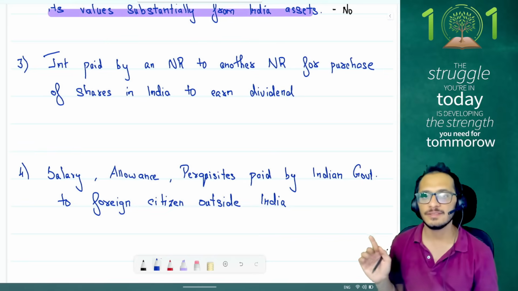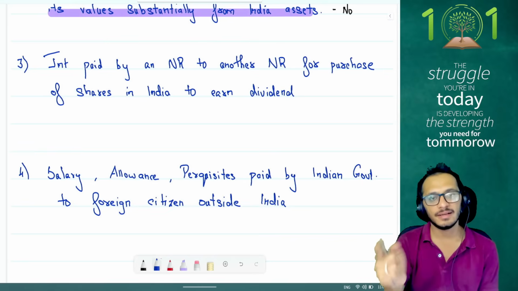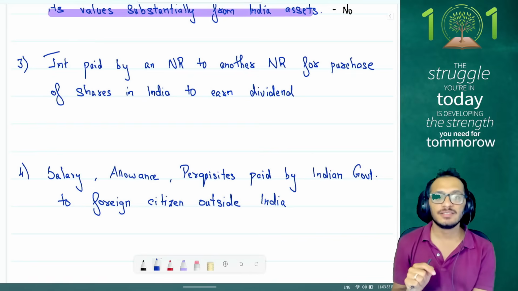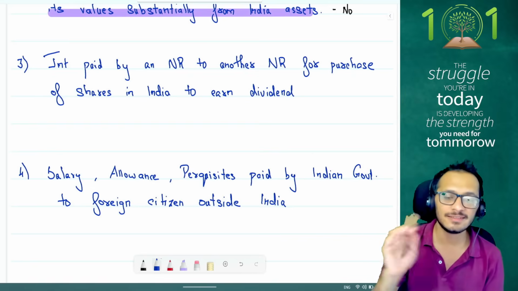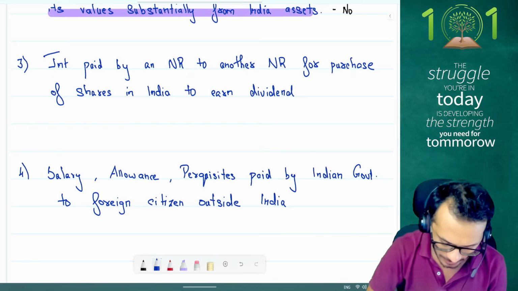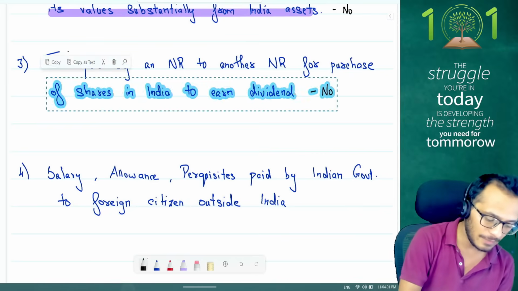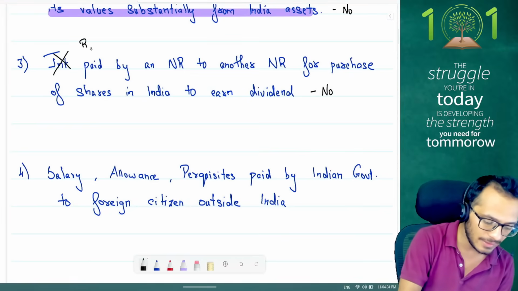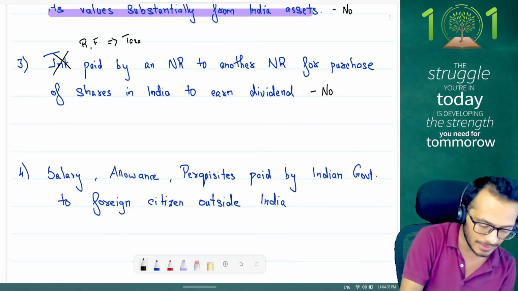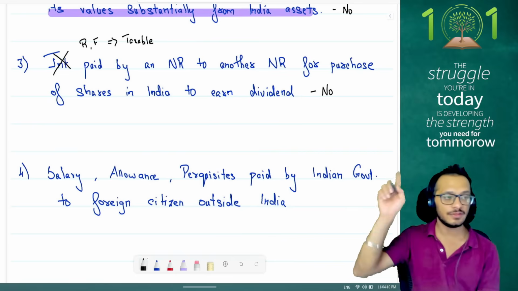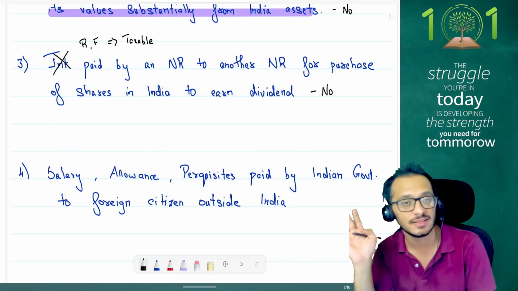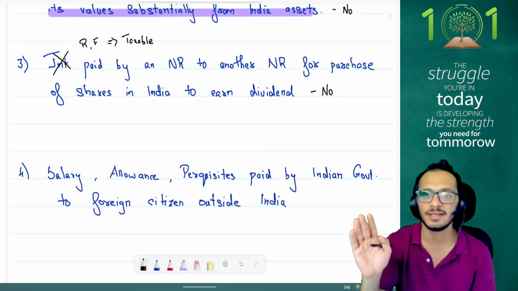When an NR is paying to an NR interest which is going to be utilized for other reasons in India, it is not taxable. Had this been royalty or FTS, I would have said fully taxable, but because this is interest, I would say it is not taxable. Yes, we did this in the class many times, people. I hope you are able to recollect this.